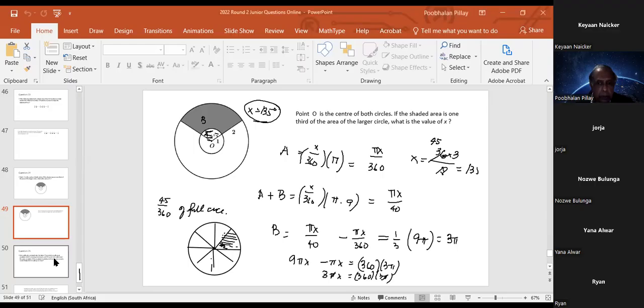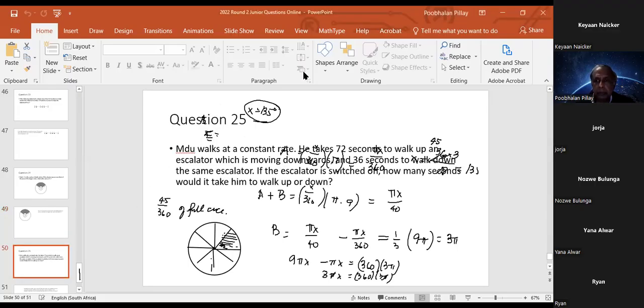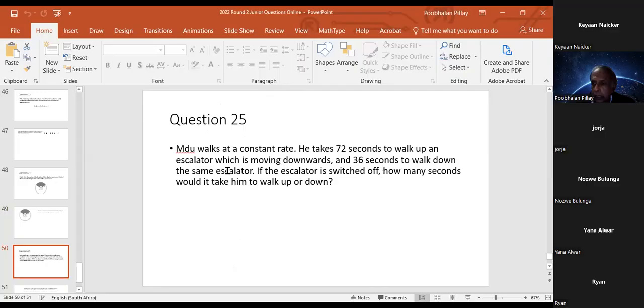And we now get to the last problem. Okay, so the last problem says, Mdu walks at a constant rate. It takes 72 seconds to walk up an escalator. Okay, I'm going to put the escalator as like a straight line, although it's not really, it's stepped.